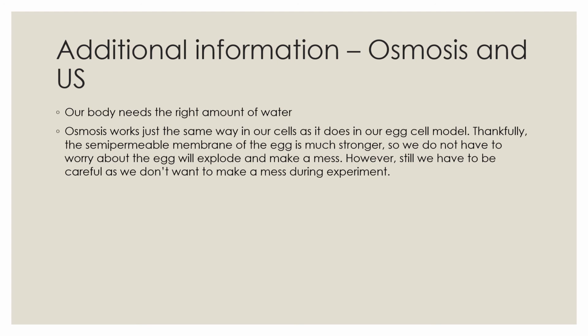Osmosis works just the same way in our cells as it does in our egg cell model. Thankfully, the semi-permeable membrane of the egg is much stronger, so we don't have to worry about the eggs exploding. We don't want to make a mess. However, we still have to be careful, as we don't want to make a mess during our experiment.